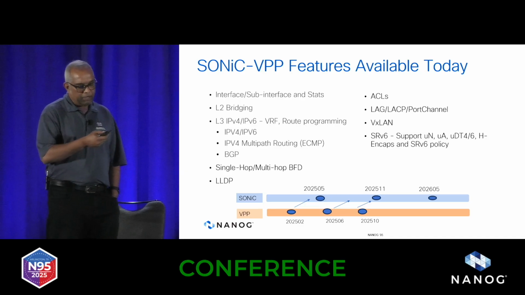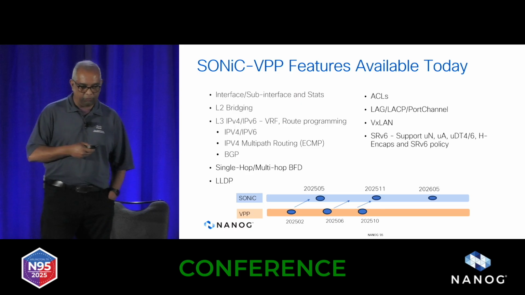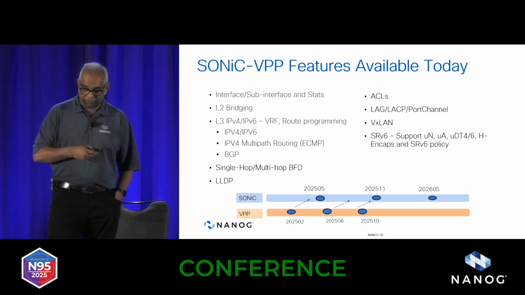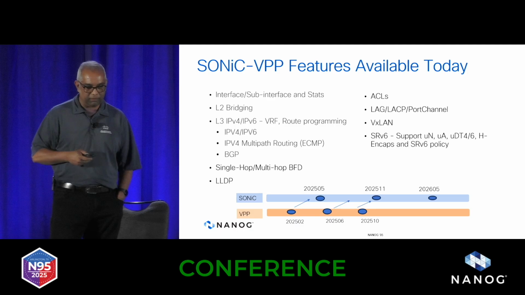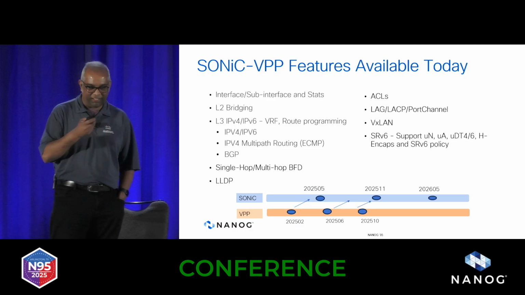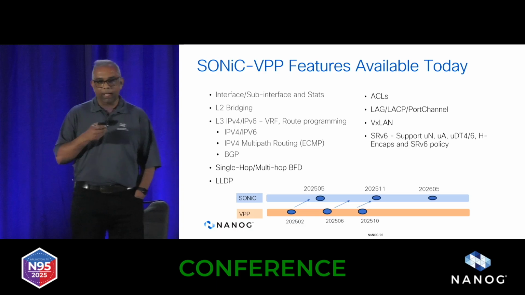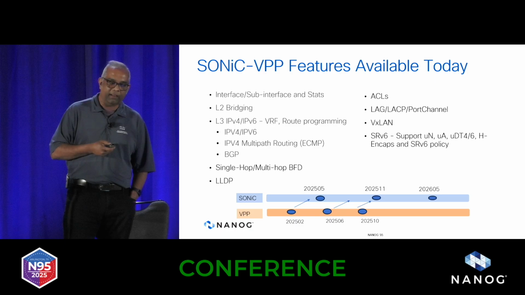So today, like I mentioned, VPP has all these features. We're bringing SONiC on top of it. It does vanilla layer 2, layer 3 switching and routing. And Len here, who's like the father of all of these capabilities, really would appreciate that this is still running, and this is what is gluing all our networks today. In this version of SONiC VPP that we're doing, we're adding all VxLAN capabilities.